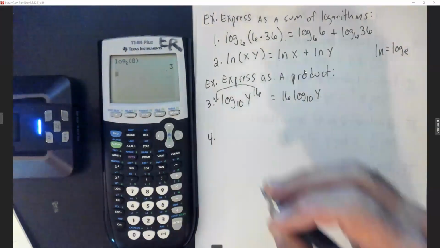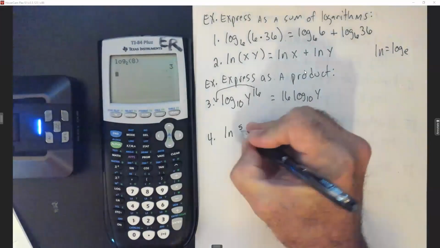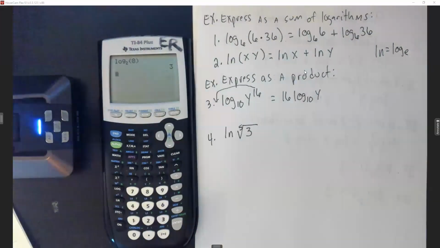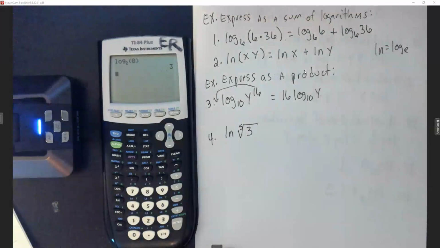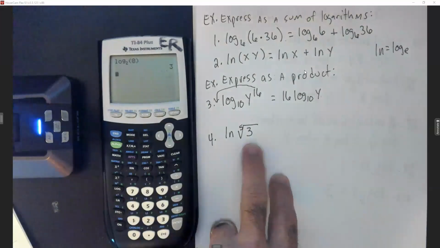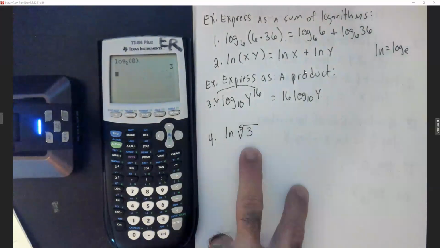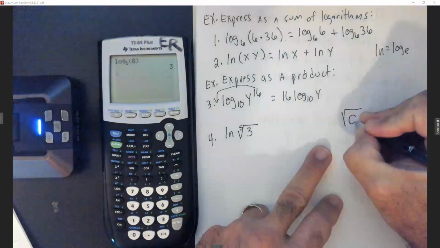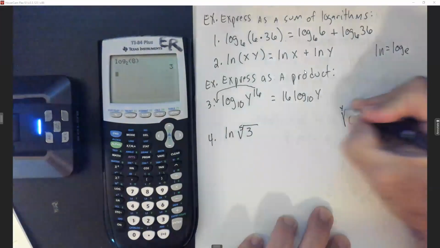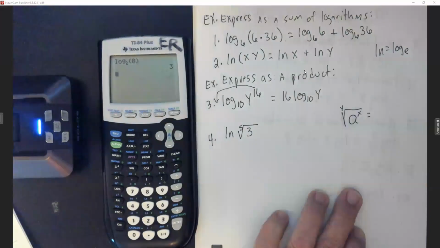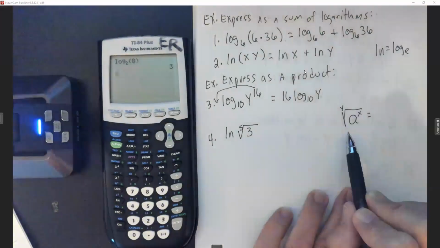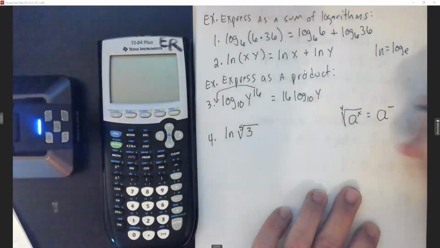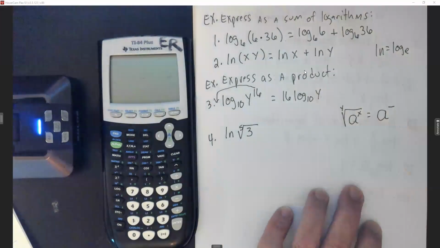All right, ln of the 5th root of 3. So what we got to be able to do is turn this radical into an exponent. So let me refresh y'all on radicals. To rewrite a radical as a fractional exponent, you take what was under that radical, a, and then we're going to rewrite the radical as an exponent.